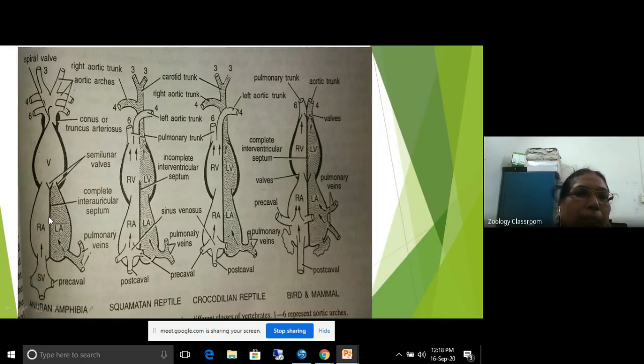In between them there is a complete partition, called the interauricular septum. Then auriculoventricular valves are present, so these two auricles are completely separated in amphibia. The ventricle is muscular and thick, and in it muscular ridges are formed.